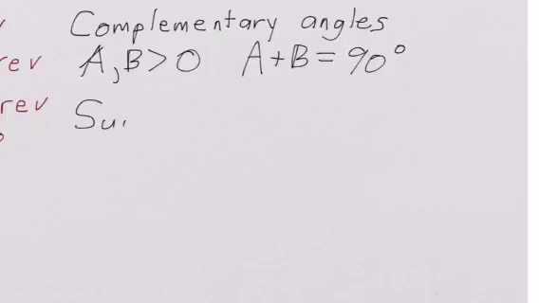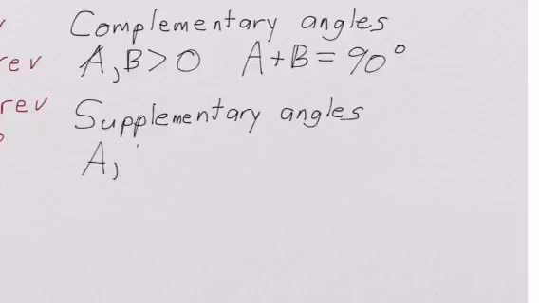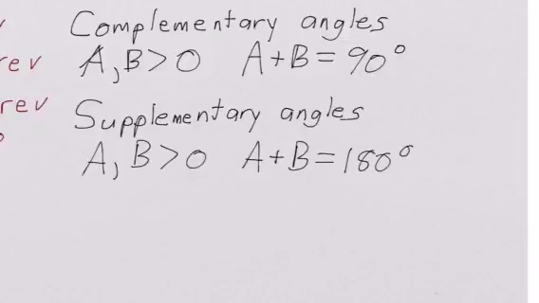On the same vein, supplementary angles, again, we want both A and B to be positive. And this time, A plus B will equal 180 degrees.